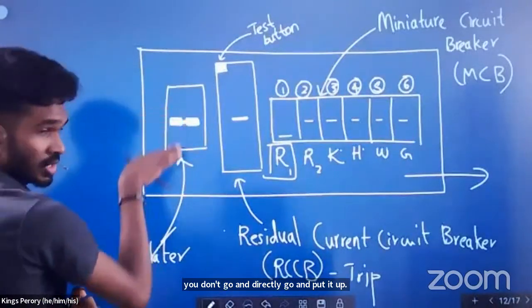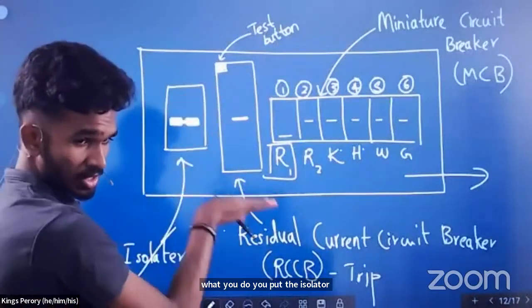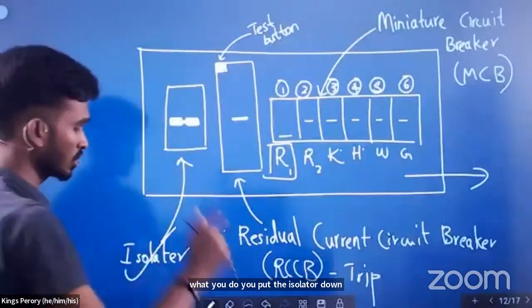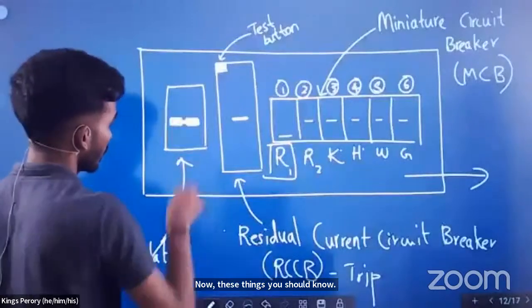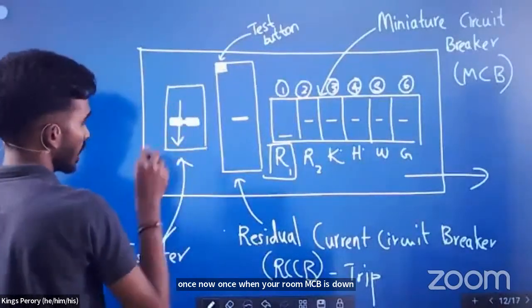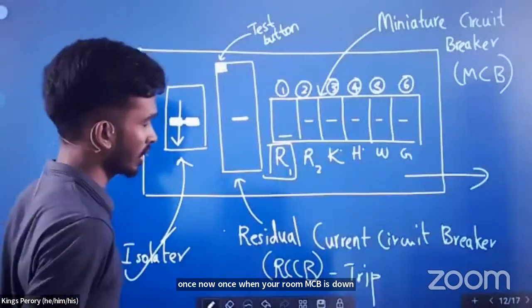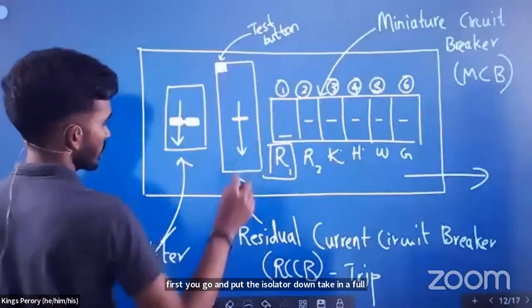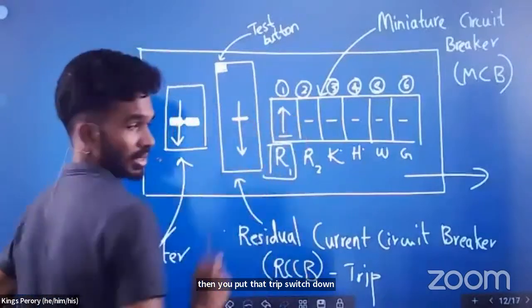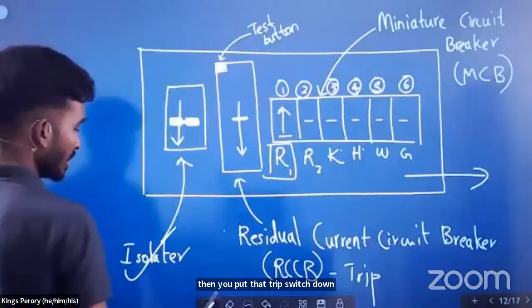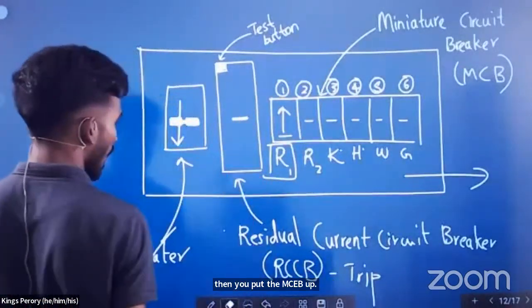You put the isolator down, the trip switch down. Now these things you should know. Once your room MCB is down, first you go and put the isolator down. That disconnects the current of the full house. Then you put the trip switch down. Then you put the MCB up. Then you put the trip switch also up.